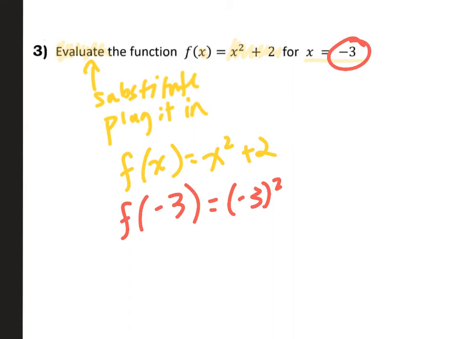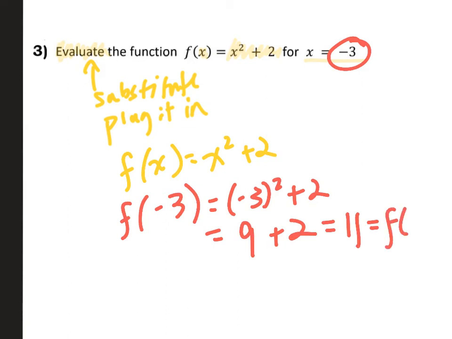Whenever I substitute, I'm going to put it in parentheses, or else I might not get the right answer in my calculator. And then plus 2. Negative 3 squared is the same as negative 3 times negative 3, so this should be a positive 9. Remember, a negative times a negative is always a positive. And then plus 2. And then 9 plus 2 is 11, so this is what f of negative 3 is. Okay?